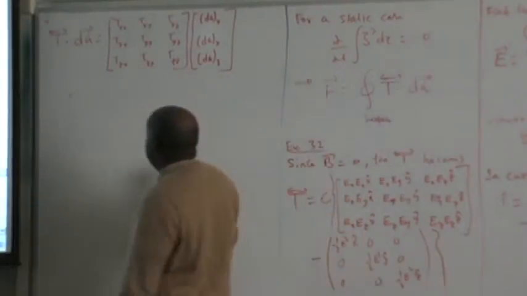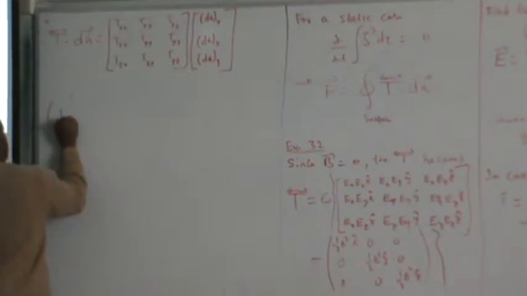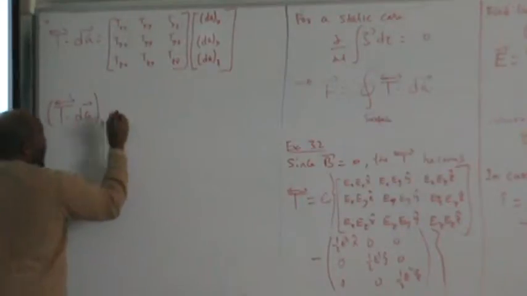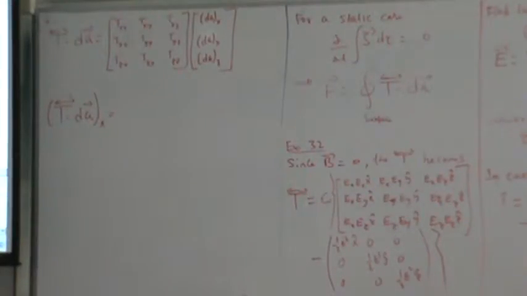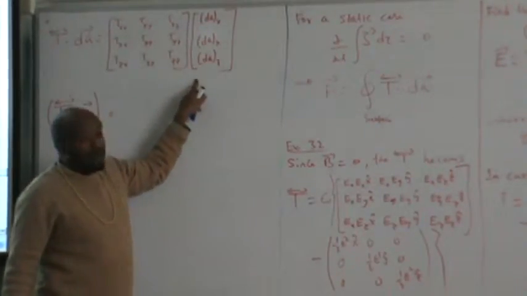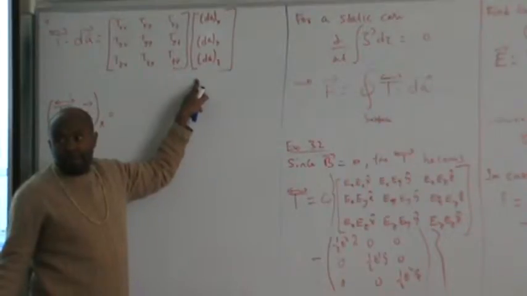So what is going to be then the x component of T dot dA? How can I express that? I just have to multiply this with that. That will give me the x component.